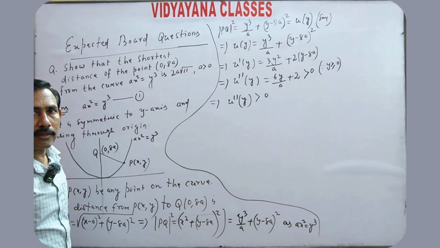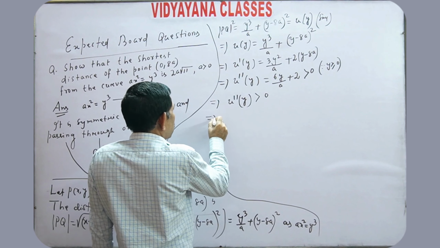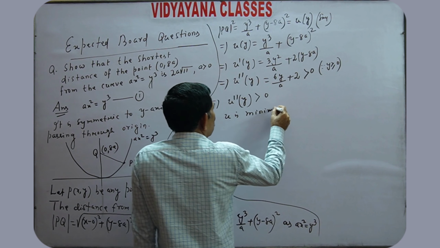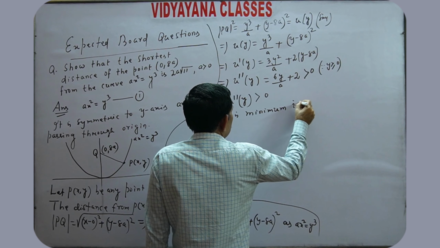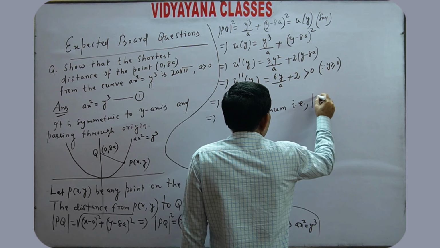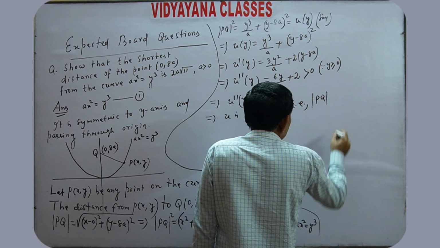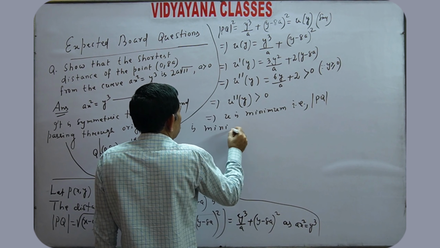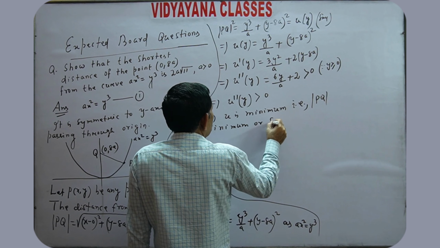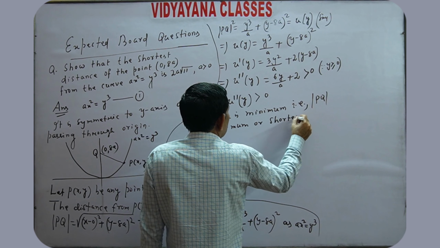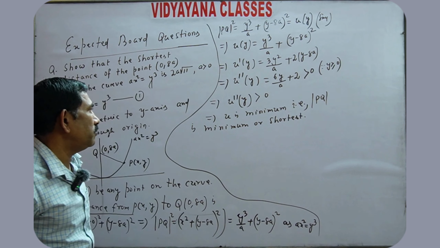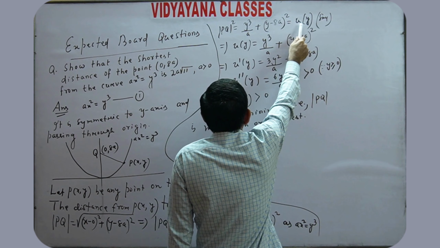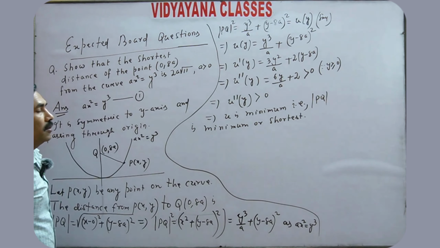Second derivative greater than 0, that implies u is minimum. That is, the distance between P and Q is minimum or shortest. U is a function of the distance. U minimum, distance minimum. Clear?